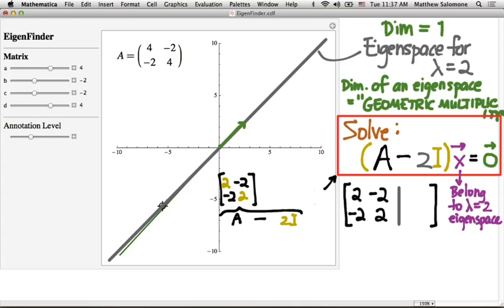And then on my right-hand side, what do I have? I have the 0 vector. So notice, by the way, that when we turn the eigenvalue eigenvector equation into a matrix vector equation, the resulting matrix vector equation is actually homogeneous, always.